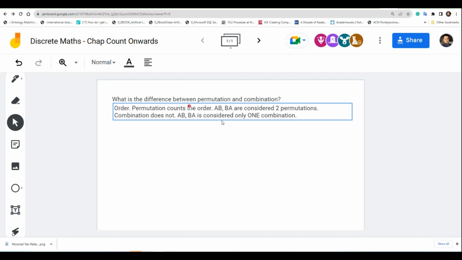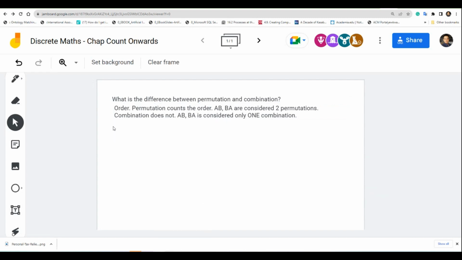Because if I say Adam is number 1, Eve is number 2, Lily is number 3, definitely it's not the same as Lily number 1, Adam number 2, Eve number 3. Not the same because the order is different. That is called permutations. That is considered 2 different permutations, but same combination. Do you get it? So I hope at this point of time it is crystal clear in your mind.